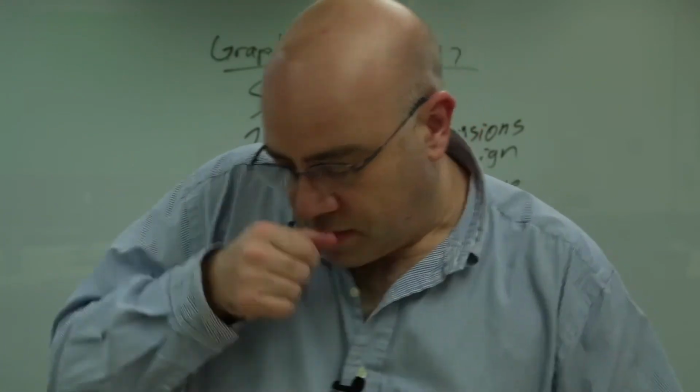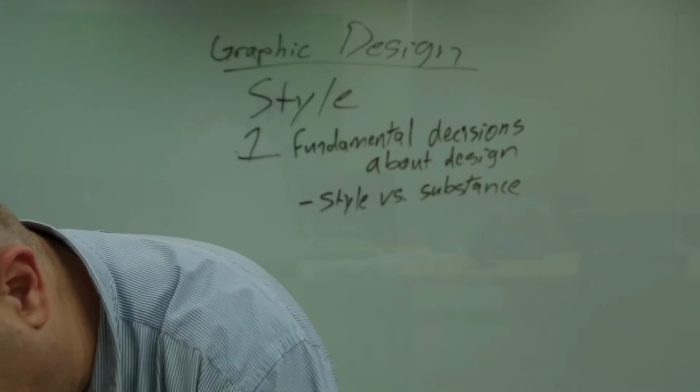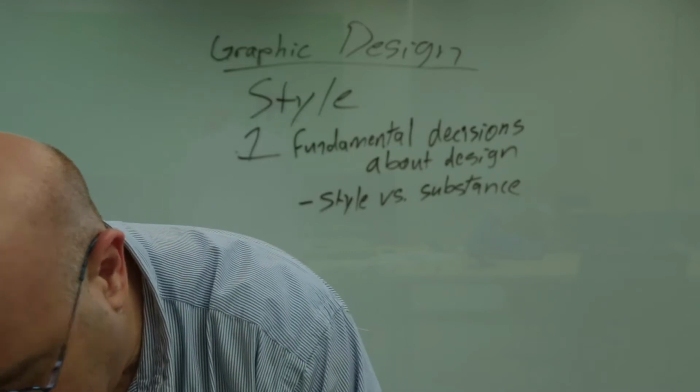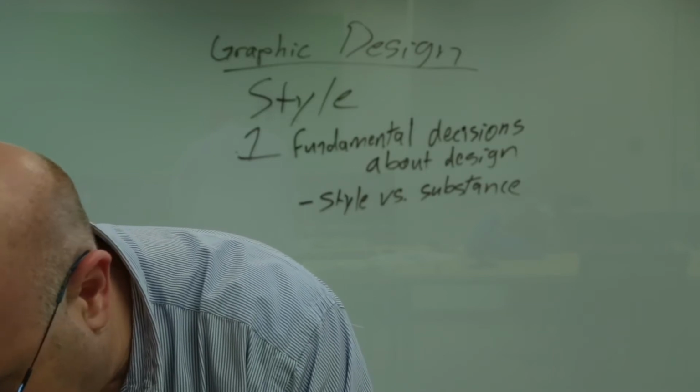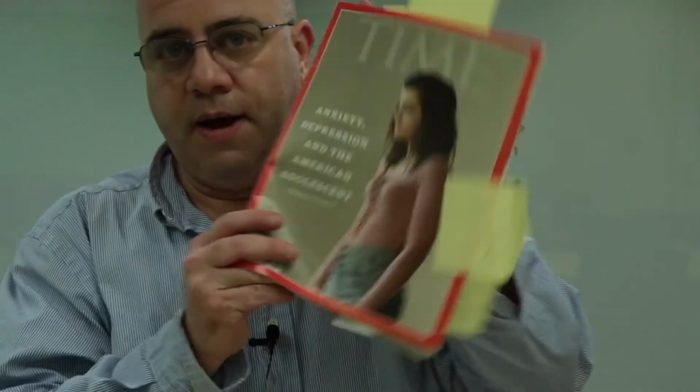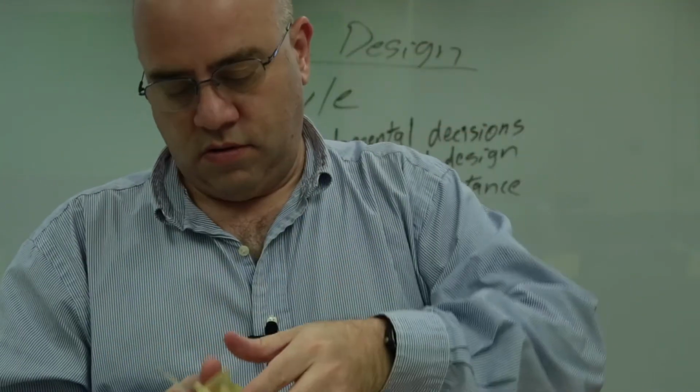So maybe you think that's fine, but just to point out the contrast, look at the layout in a more traditional news magazine like Time magazine. Okay, so here's an issue of Time. And I'll just show you one simple contrast.